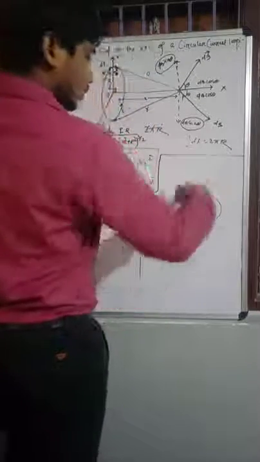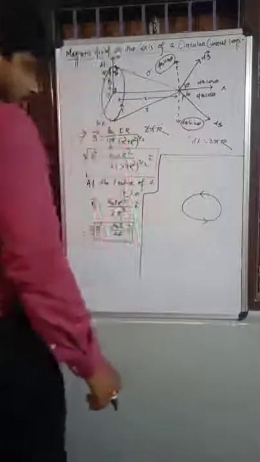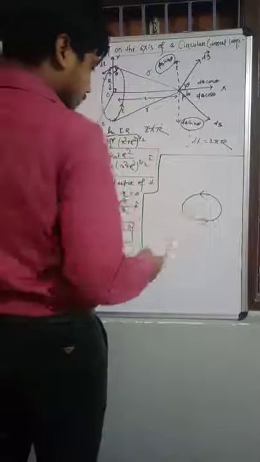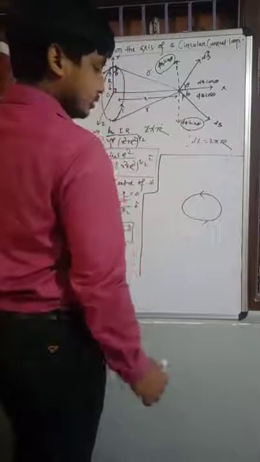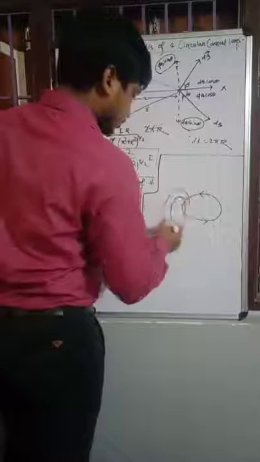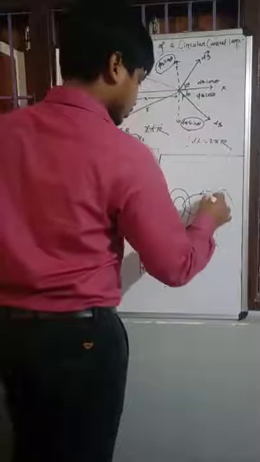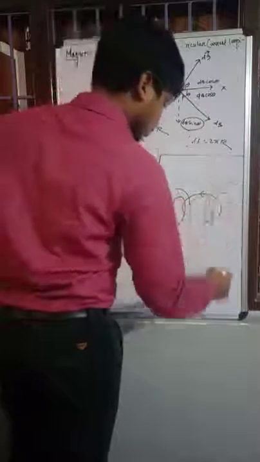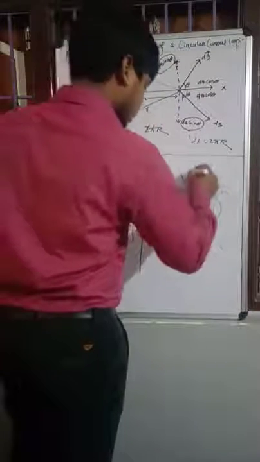In this anti-clockwise direction, the current I is flowing. Then remember that the field lines which will be produced by a current carrying circular loop are closed ones. So the magnetic field will be like this on either side. It will be like this.